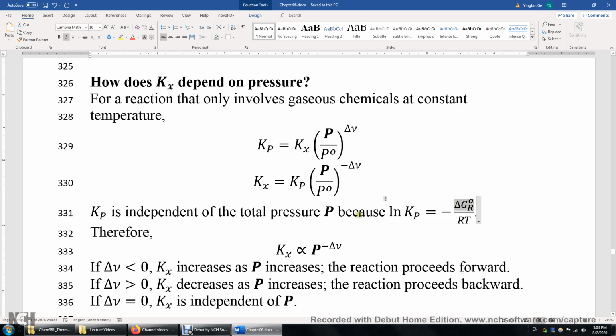It does not depend on the total pressure of the actual reaction mixture. RT do not depend on the pressure either. Therefore, this K sub P does not depend on the total pressure. And therefore, this K sub x does depend on the pressure. This K sub x is proportional to the total pressure to the power of negative delta nu.